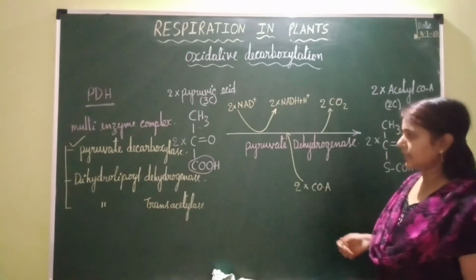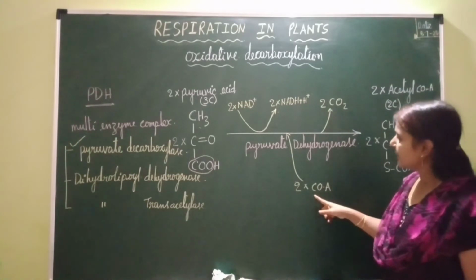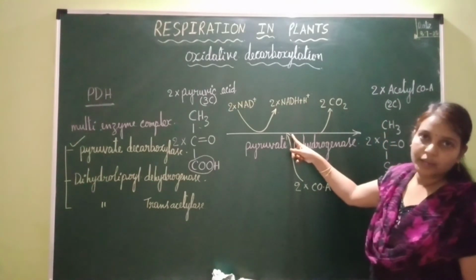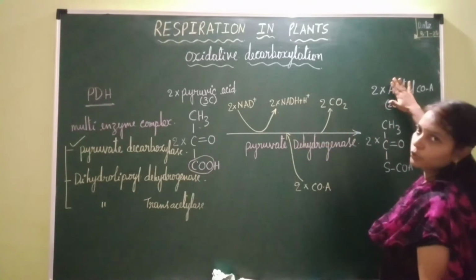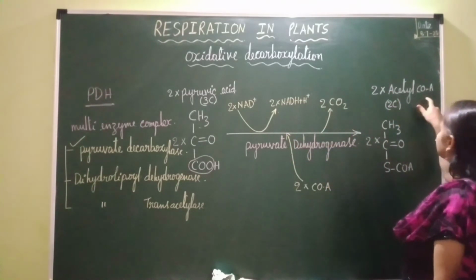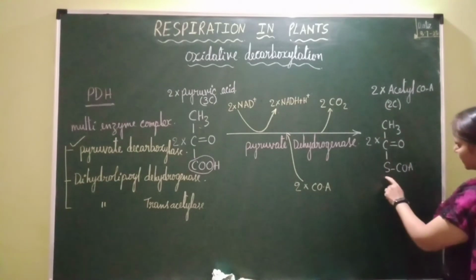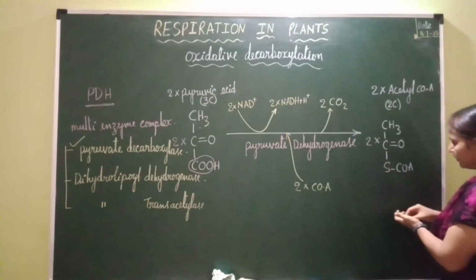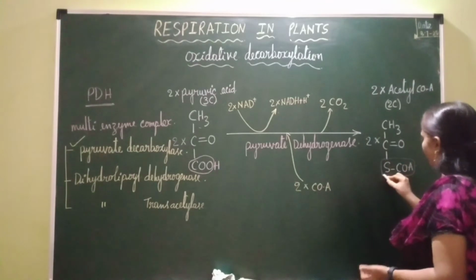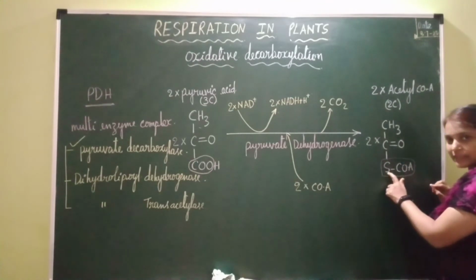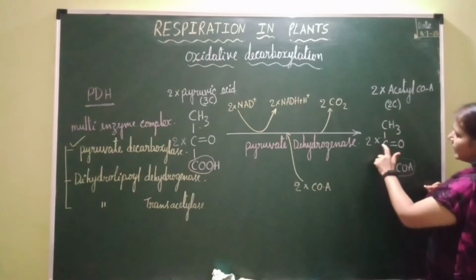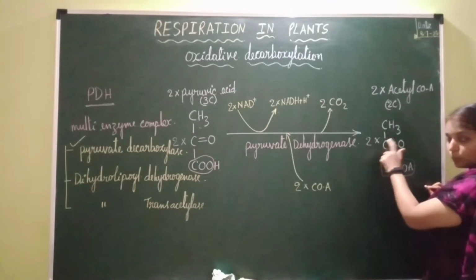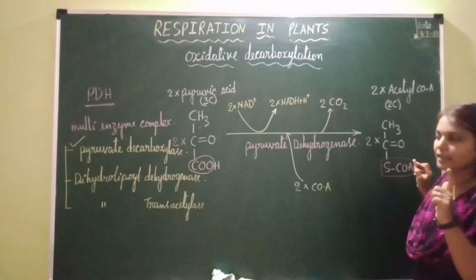The third enzyme, dihydrolipoyl transacetylase, transfers the group coenzyme A onto the acetyl group, which has then become acetyl coenzyme A. This part is coenzyme A, with a sulfur group. This coenzyme A is attached to the acetyl group by the formation of a thioester bond.